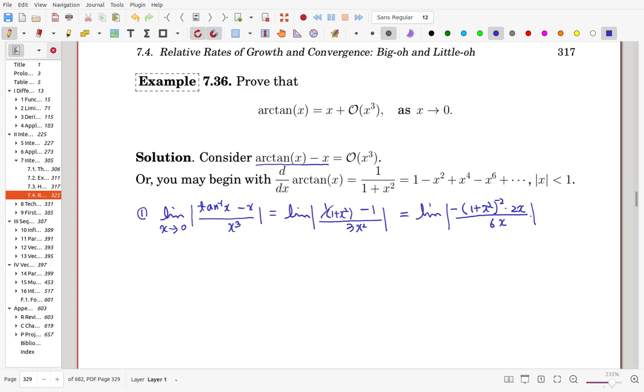Okay, so we can cancel this 2, and we can rewrite the term in this way, limit, and of course 1/3 can go out.